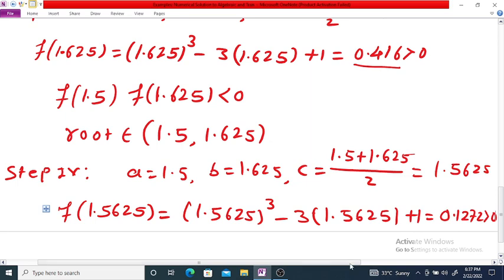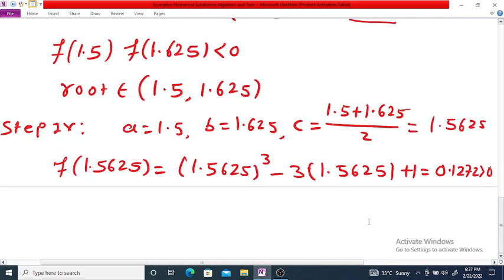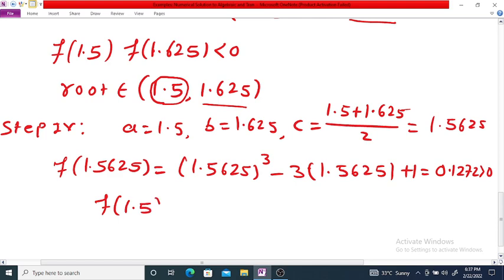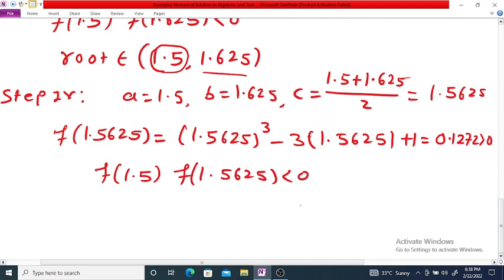Now since it is greater than 0, again in the last step this is positive and f of 1.5 is negative. So for the next iteration our root lies in the interval 1.5 and 1.5625.